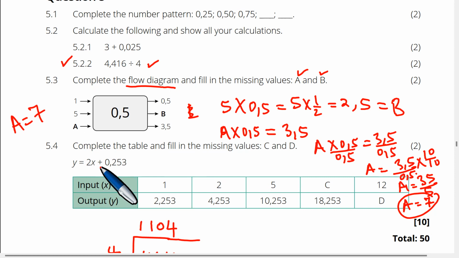Obviously I'm going to send you this video. When you watch it, you write down the notes so that you begin to follow. So A is 7, and B is 2.5.